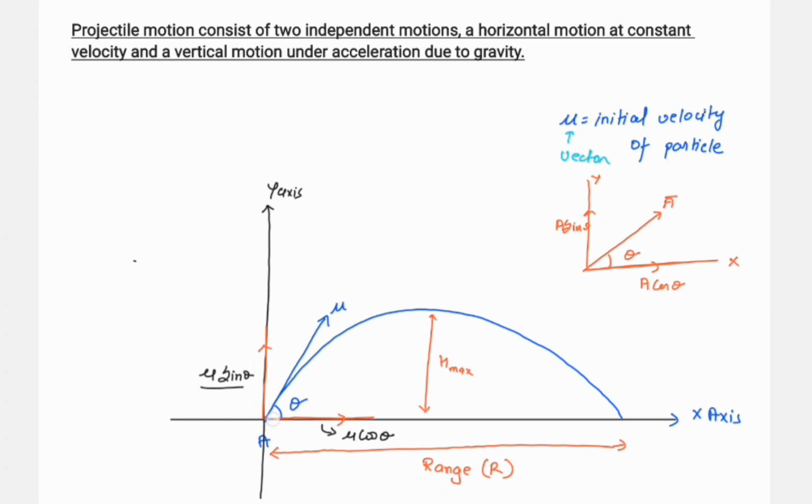The x-axis component of the velocity is u cos theta, and the y-axis component is u sin theta. If u is the initial velocity of the particle, can I say u cos theta is the initial velocity of the particle along the x-axis? Similarly, u sin theta is the initial velocity of the particle in the y-axis, in the vertical motion.